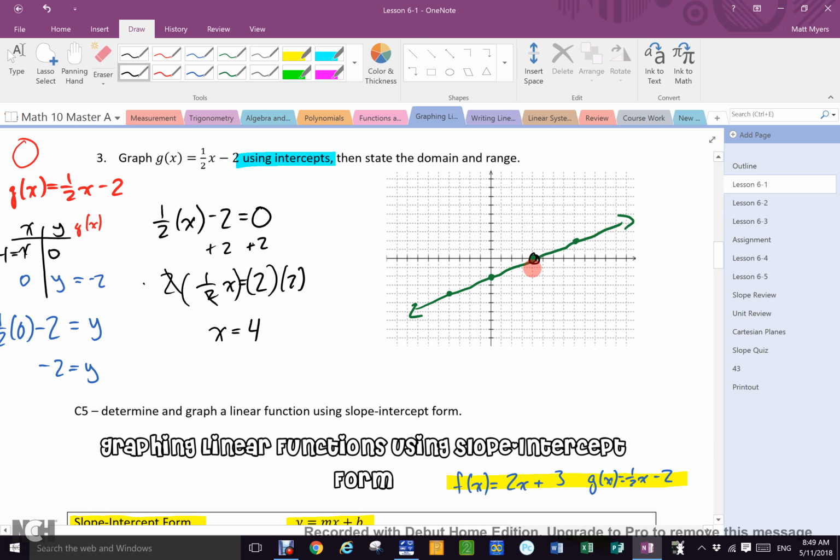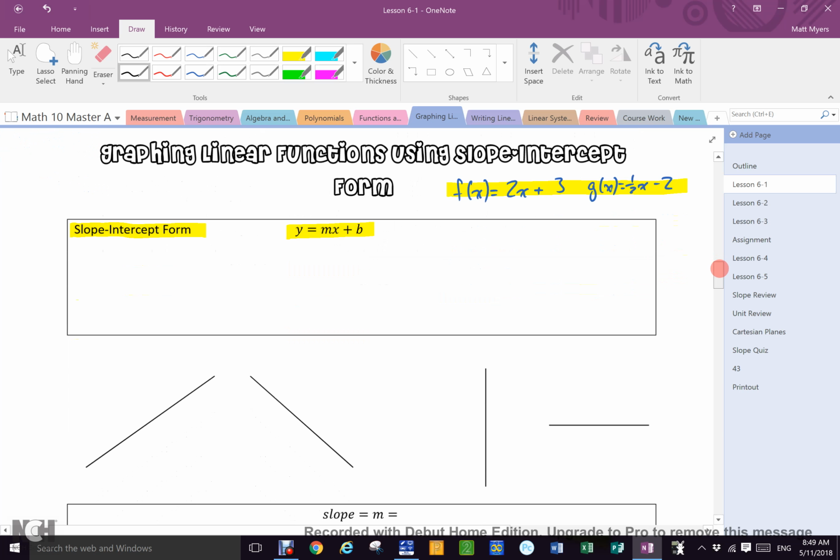Look at this one. I went up how far? 2. I went that way how far? 4. 2 divided by 4 is 1/2, isn't it? What's that? Does everyone see? Which means if it happens twice, how often does it happen? Always.